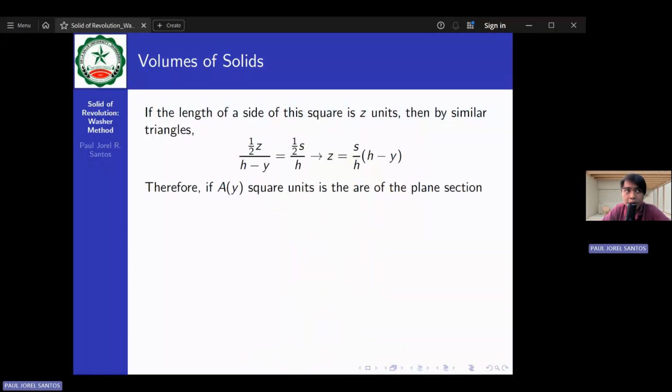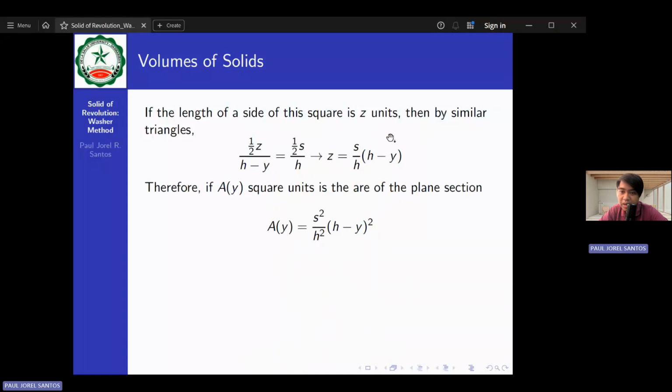Therefore, if A of y square units is the area of the plane section, for us to compute the area, we just need to square z. However, z is just s over h multiplied by the difference of h minus y.